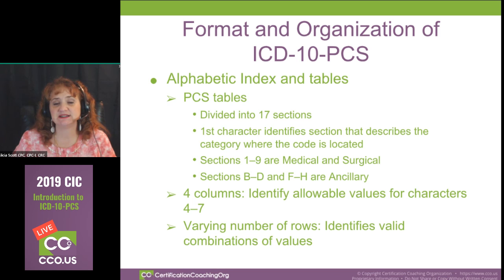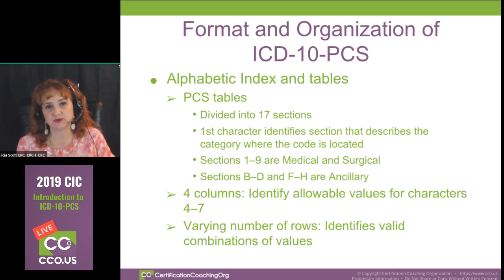When we look at the PCS tables, so we have our index, but when we look at the tables, which would be the tabular in your ICD-10 manual, they're divided up into 17 sections. Now, you don't have to have these sections memorized, okay, because it's all spelled out for you. But you do need to know that that first character is going to let you know what category you're in. Are you going to be coding a procedure for obstetrics, or are you going to be in med-surg?